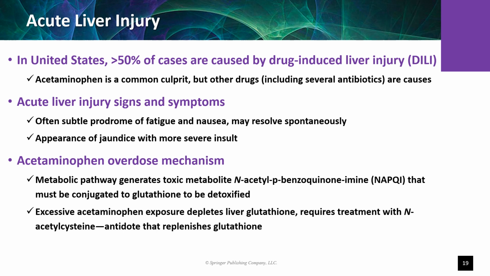Acetaminophen toxicity has 4 stages, so identification of an acetaminophen overdose is crucial to an individual being saved, as is the antidote, which is N-acetylcysteine. This can be administered to save someone's life.